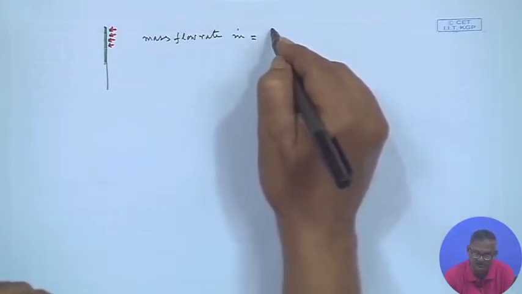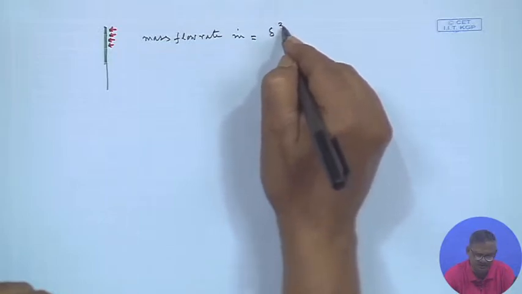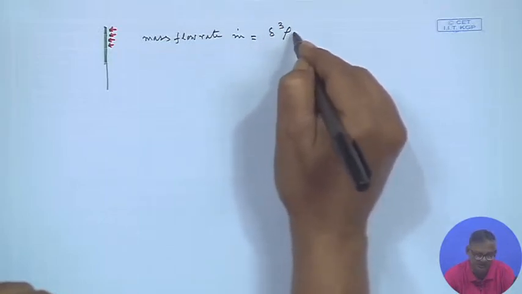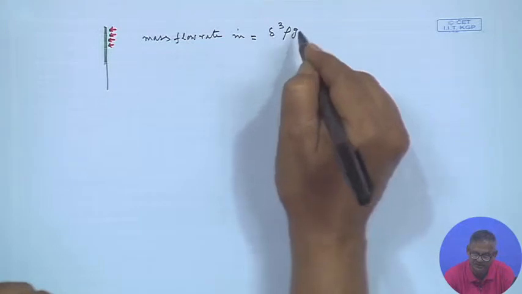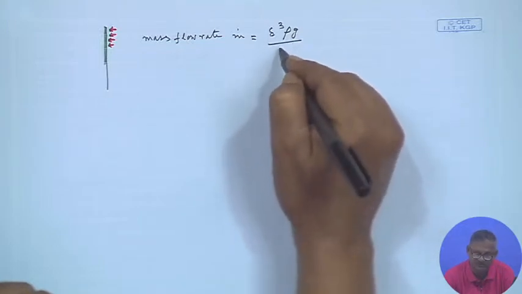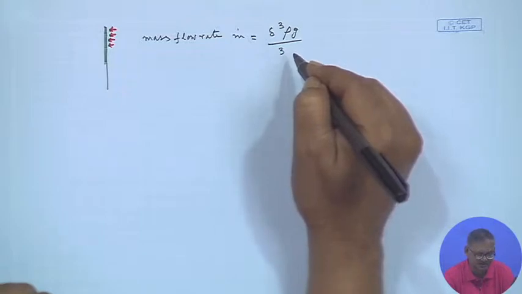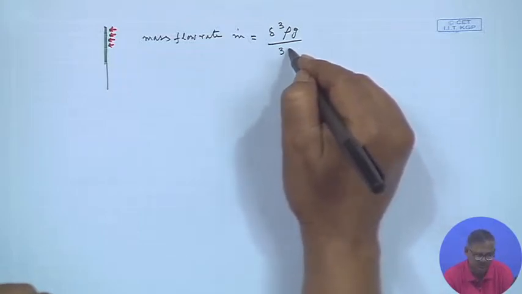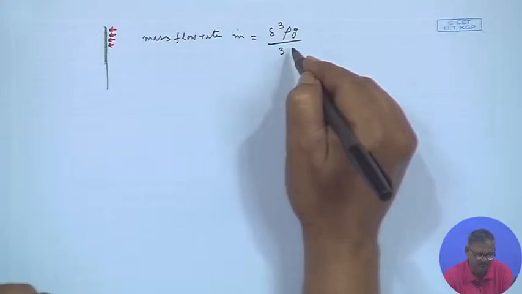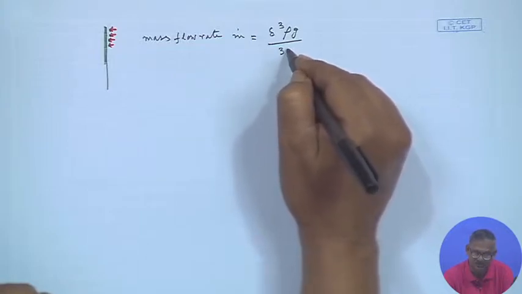One such relation gives del cube rho g over 3 nu.